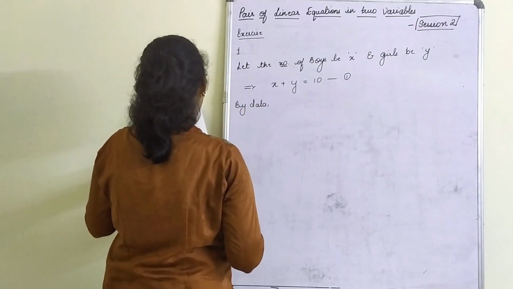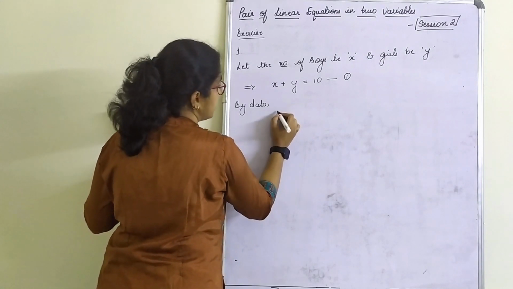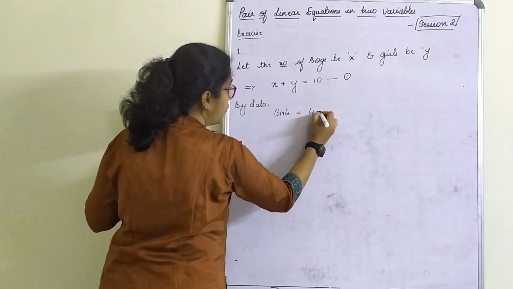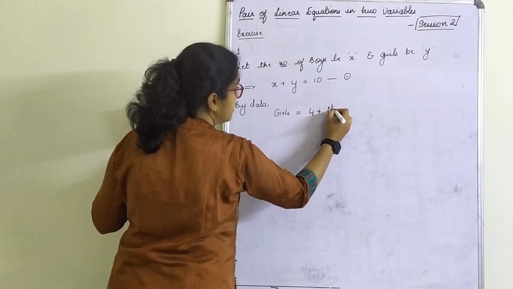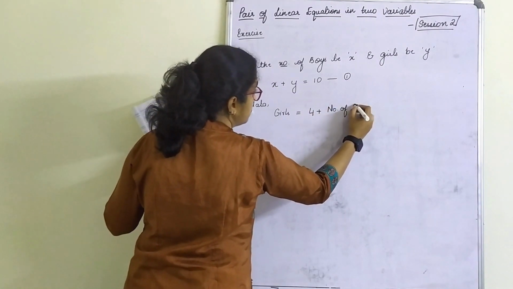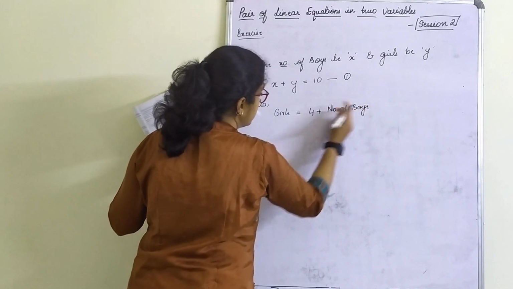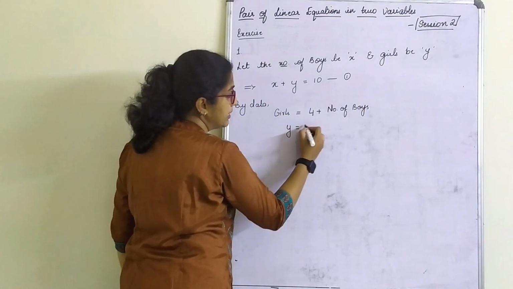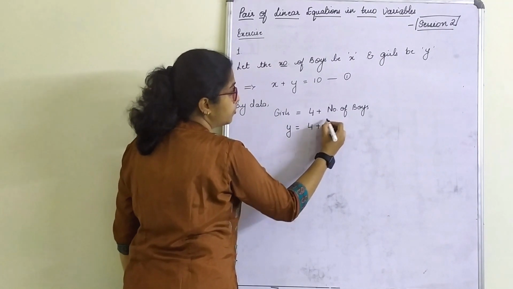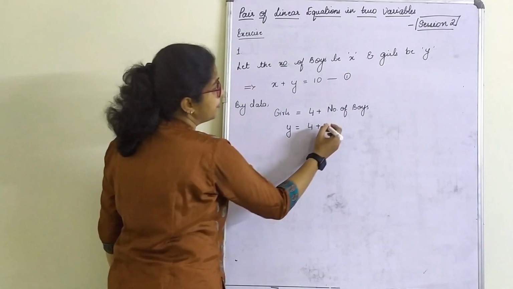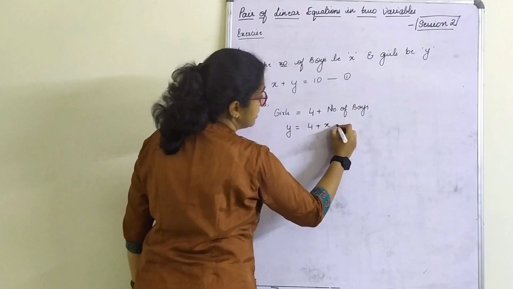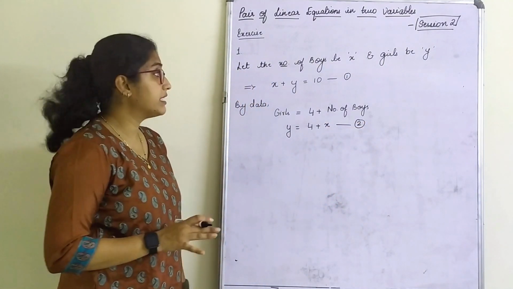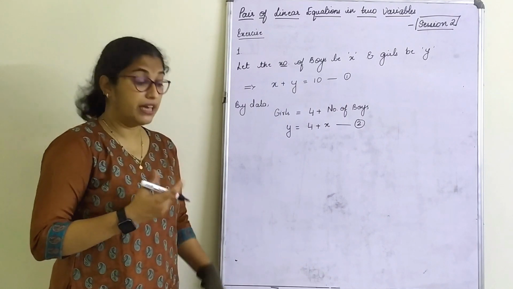If the number of girls is 4 more than number of boys. So how do you write? Number of girls is Y, equal to 4 more than number of boys, that is X. This is equation 2.